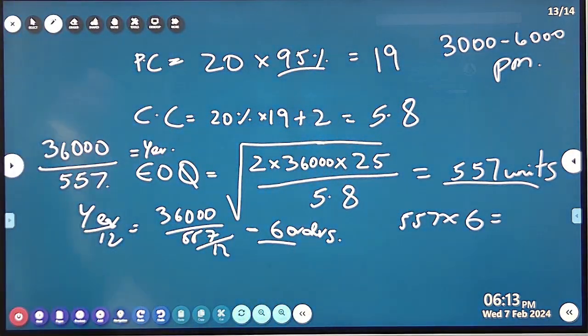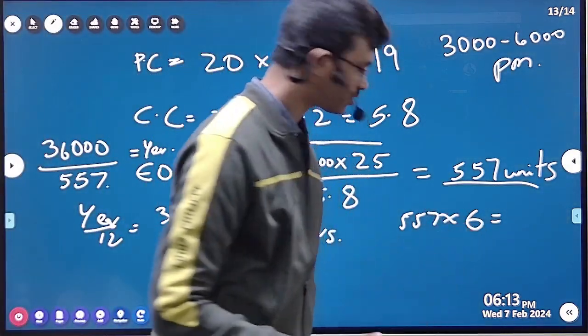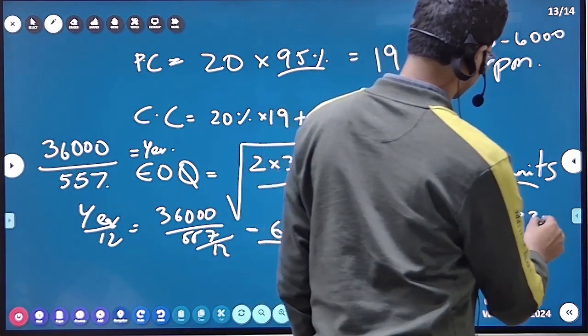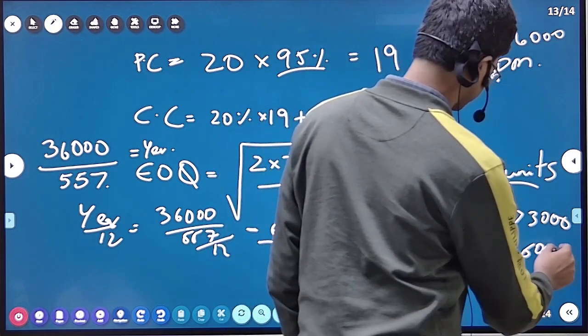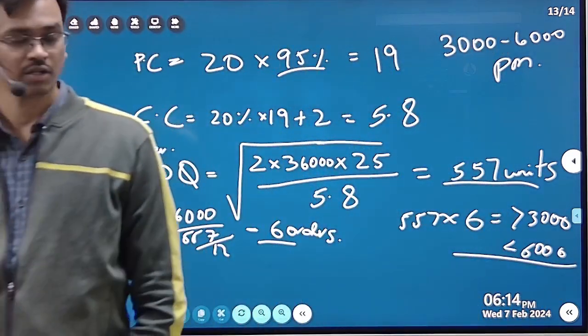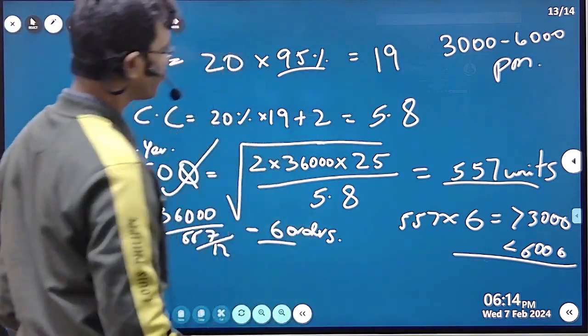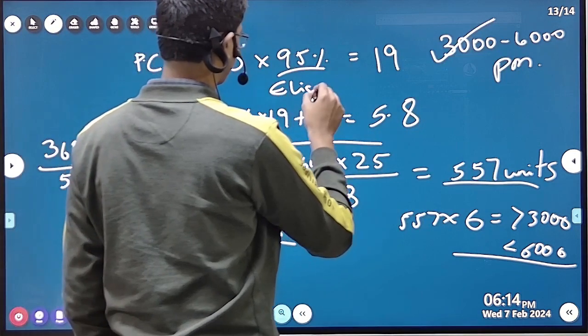That comes to how much? I think this is above 3000, right? Because 557 into 6 is above 3000. So this is greater than 3000, and it is less than 6000. So if we order at this EOQ, we are satisfying this condition and we will be eligible for this discount.